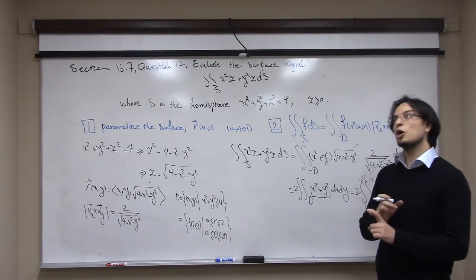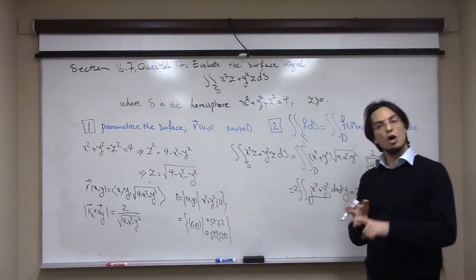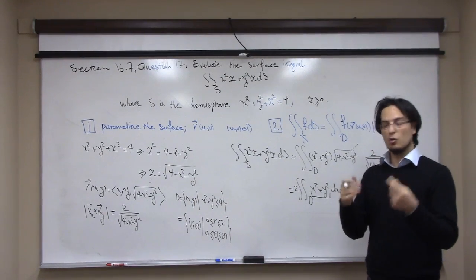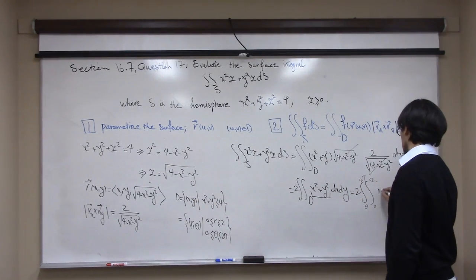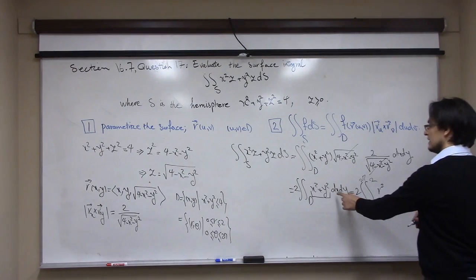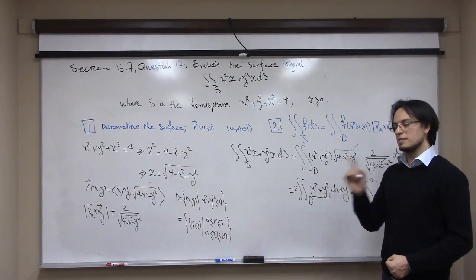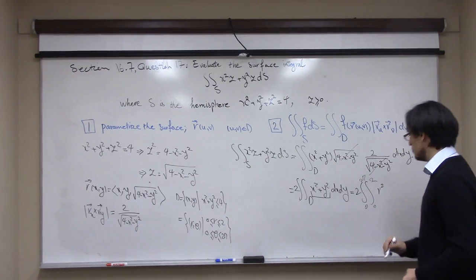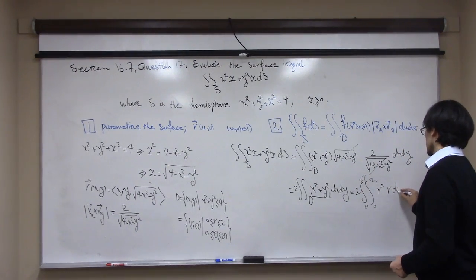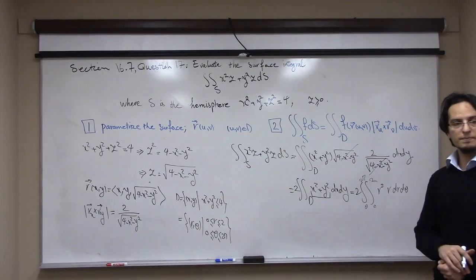You plug in r cosine theta for x, r sine theta for y, square them, and you get r squared. So you get r squared here. For dx dy, you have to recall that in polar coordinates, dx dy is equal to r dr d theta.